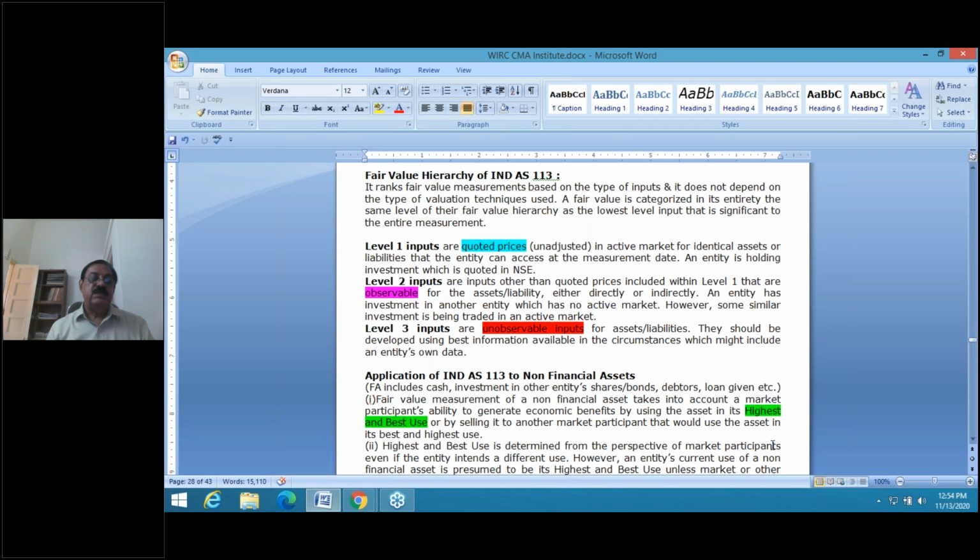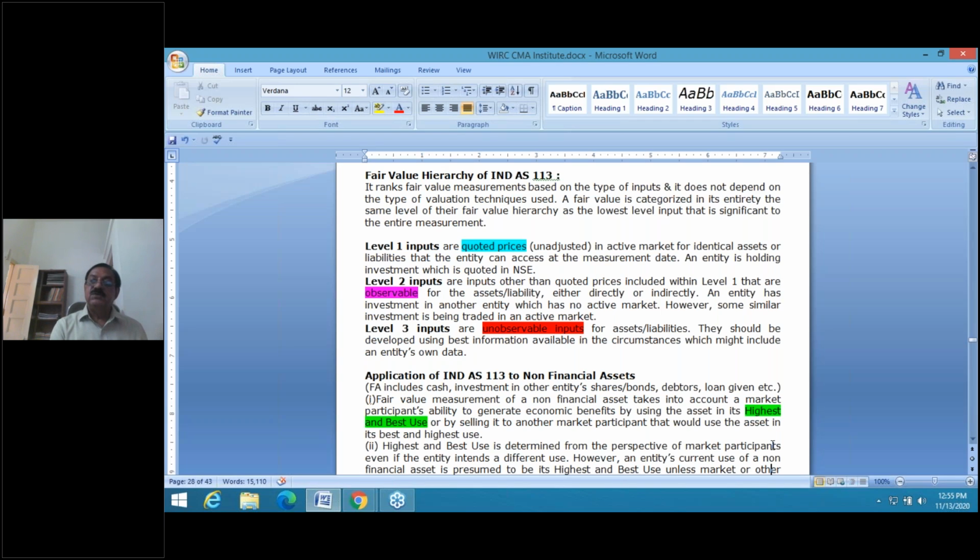Second, if it is not available, then level 2 inputs are inputs other than quoted prices included within level 1 that are observable for the assets and liabilities, either directly or indirectly. It means an entity has an investment in another entity which has no active market. I have invested in shares of a company which is not listed. Then how will I value it? Some similar investments are being traded in an active market.